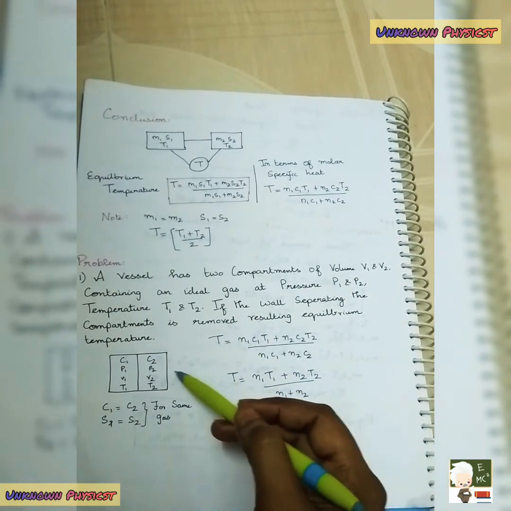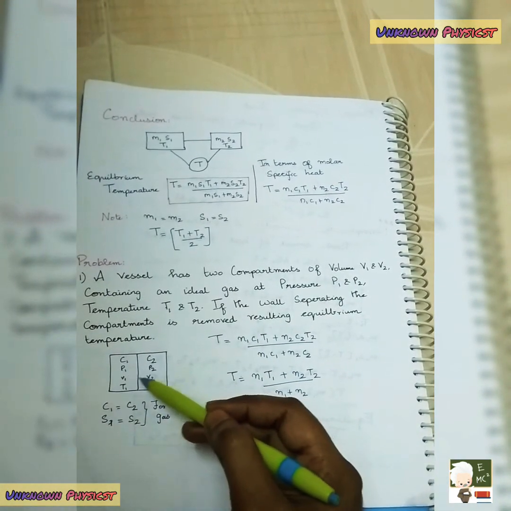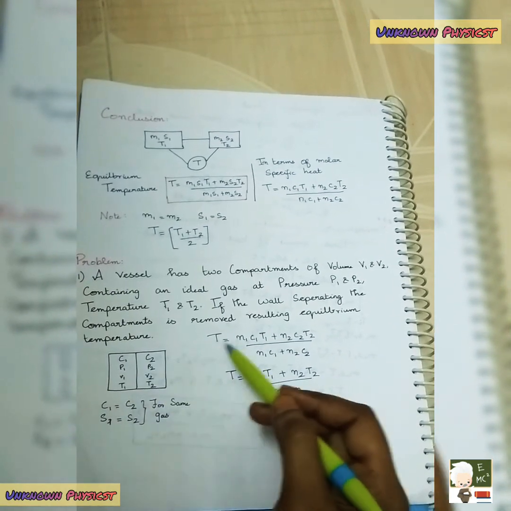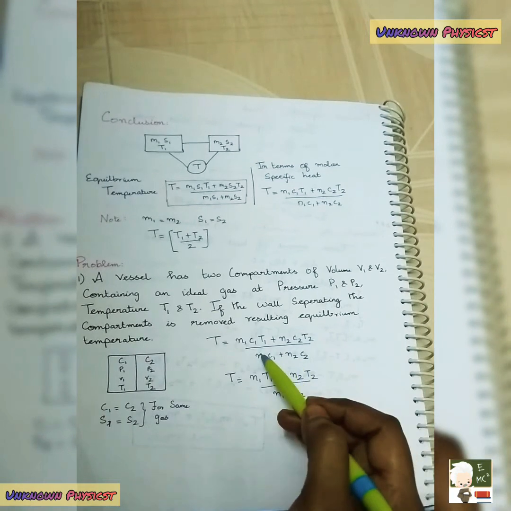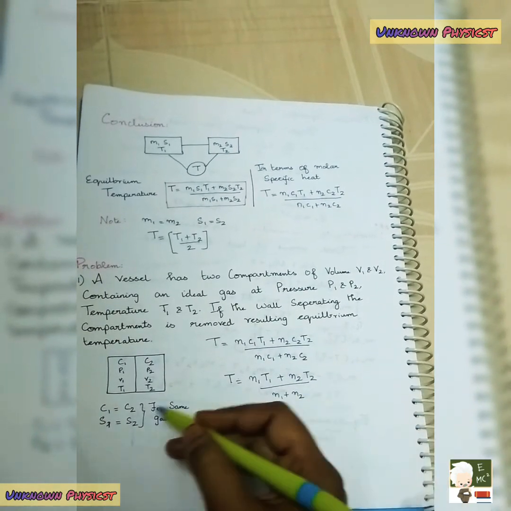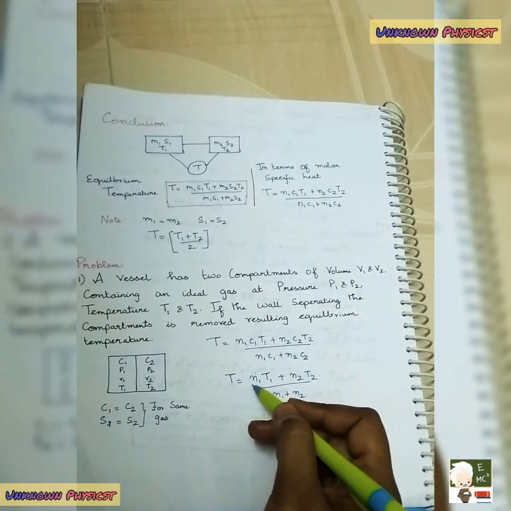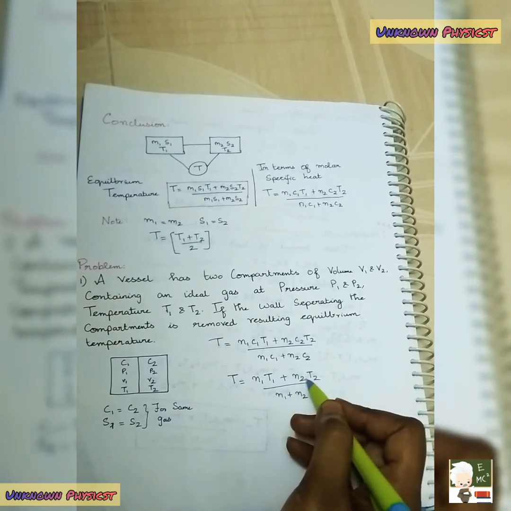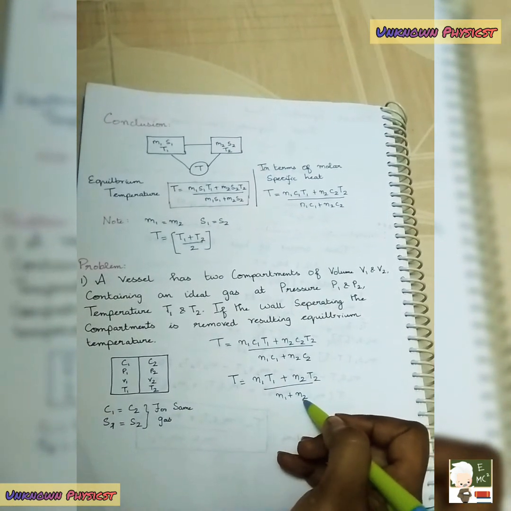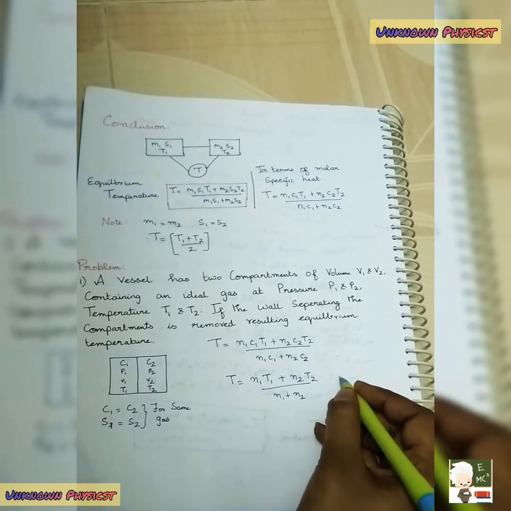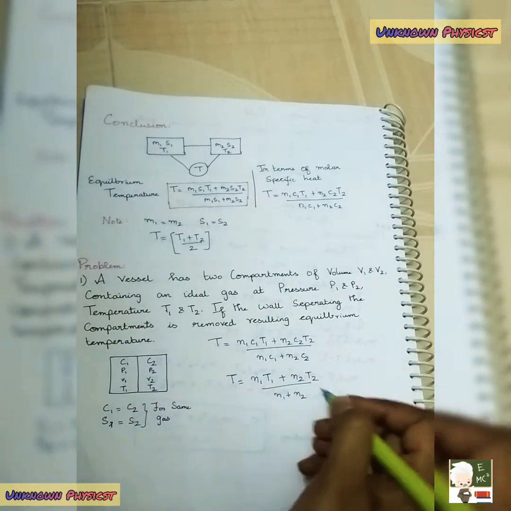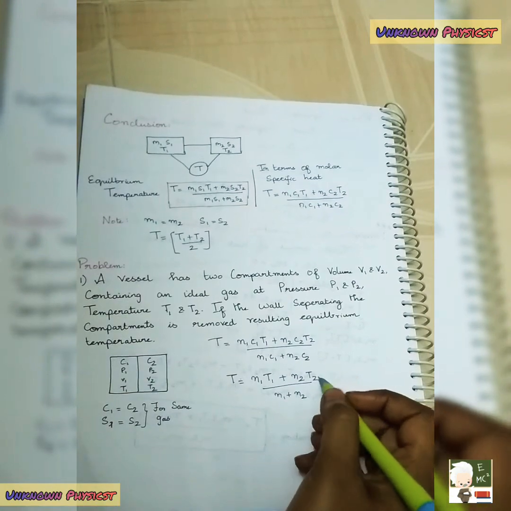So now the equilibrium temperature T will be equal to (N1 C1 T1 plus N2 C2 T2) by (N1 C1 plus N2 C2). Since C1 and C2 are equal, T will be equal to (N1 T1 plus N2 T2) by (N1 plus N2). But this is not the answer we are expecting, because the question is not in terms of N1 and N2.